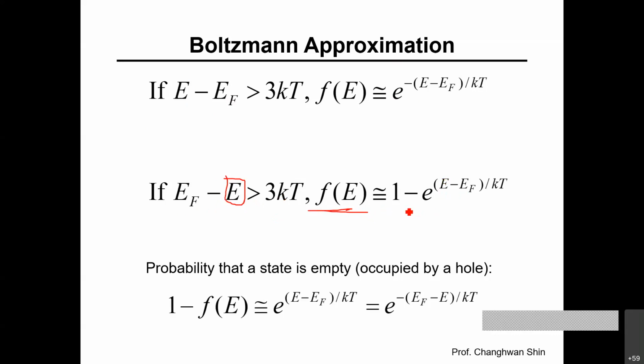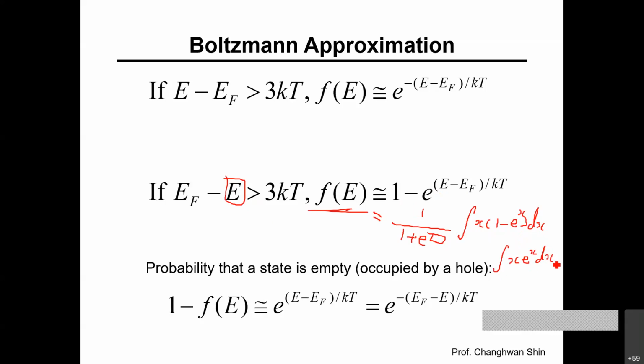So instead of the original form, 1 over 1 plus exponential something, now it is 1 minus exponential something. So if you're faced with this type of integration problem, you may solve it by hand. If it is exponential x dx, you may solve this problem as well.